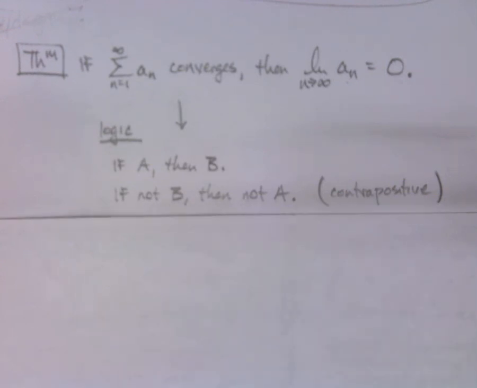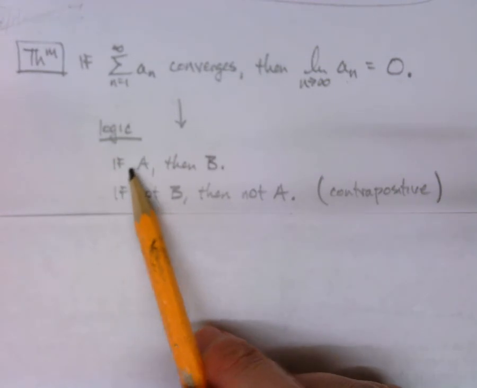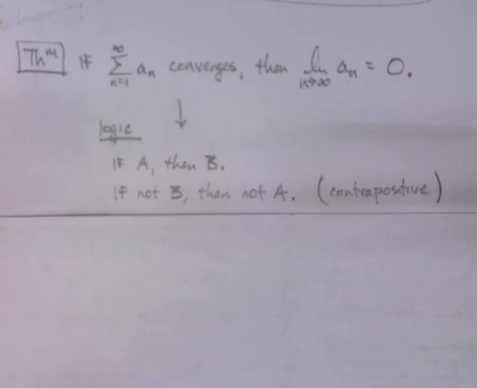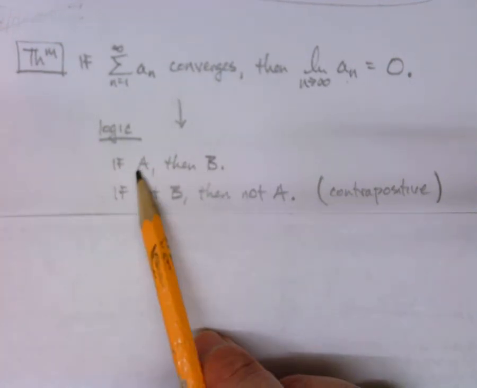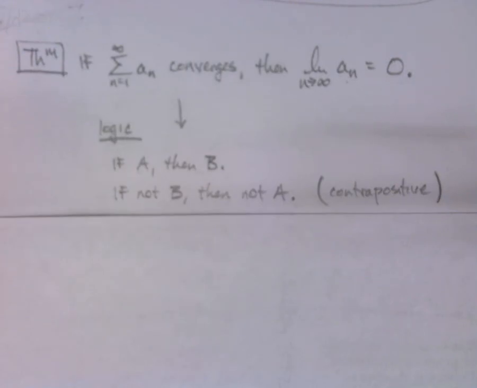It always follows as well. There are other types of statements that would not always follow. Like if I said, if not A, then not B, that isn't always true. But if this never happened, then we know for sure that this did not happen either. Because if it did happen, then that would have happened. But okay, enough said.